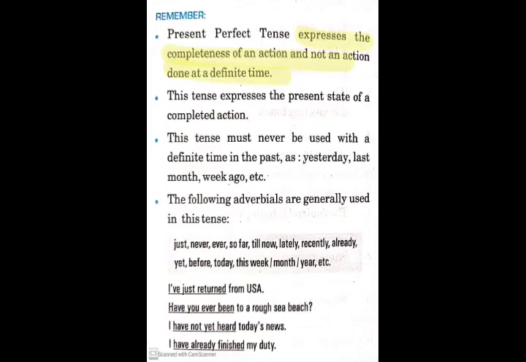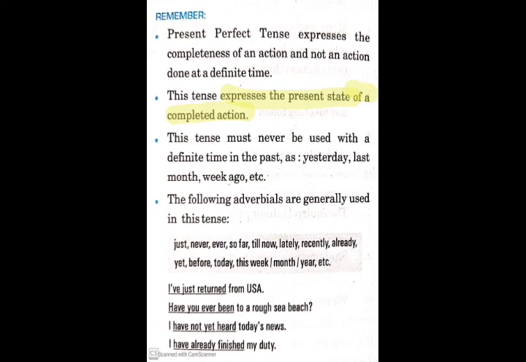Students, you must remember that present perfect tense expresses the completeness of an action and not an action done at the definite time. So it doesn't tell about an action of a definite time, but it tells us about the completeness of that action. Okay. This tense expresses the present state of a completed action.